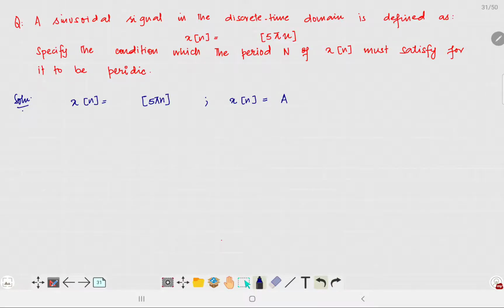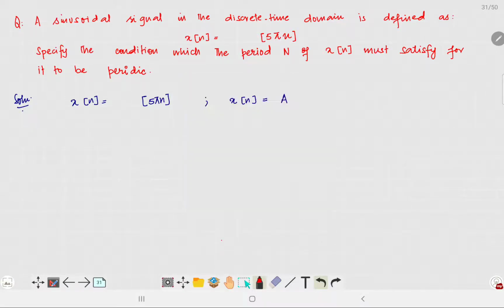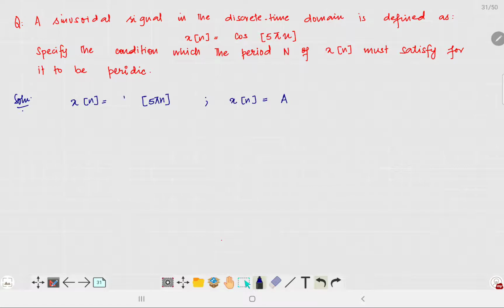You can always replace cos with sine, the properties won't change, but to be consistent I will replace sine by cos. So our general description is A cos of omega n plus phi.